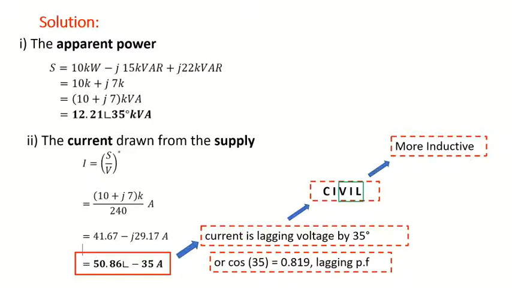So to get I, we take the conjugate of S divided by V.